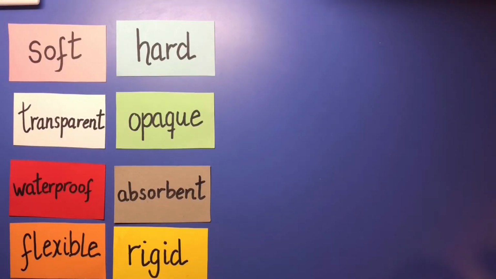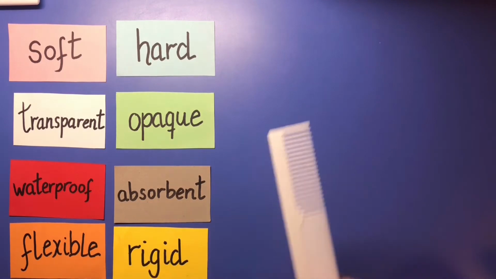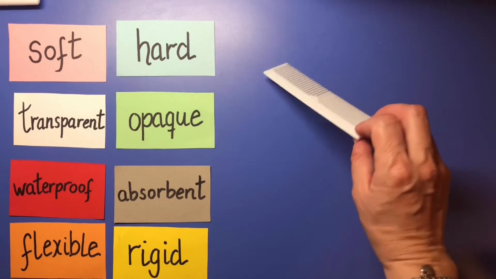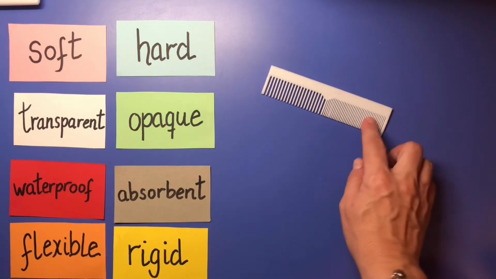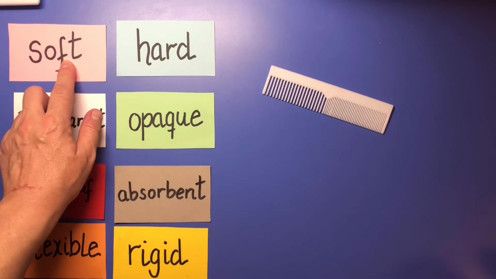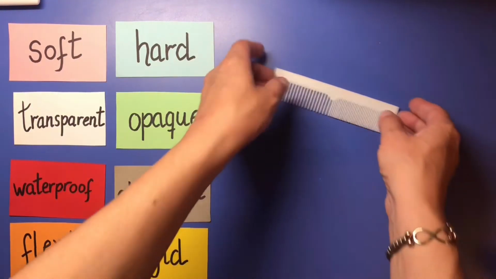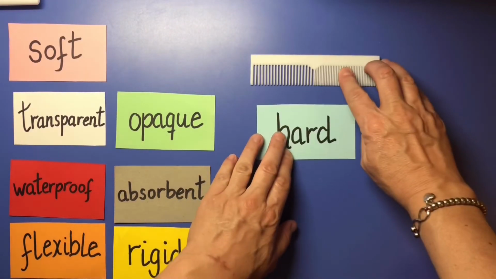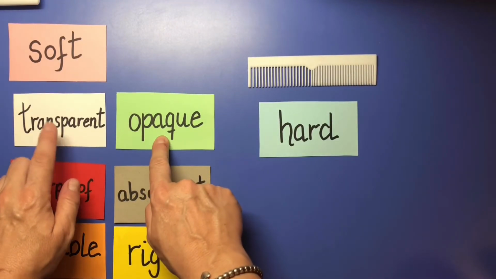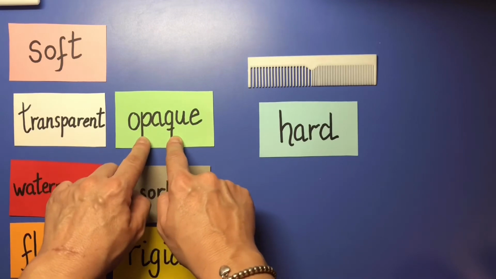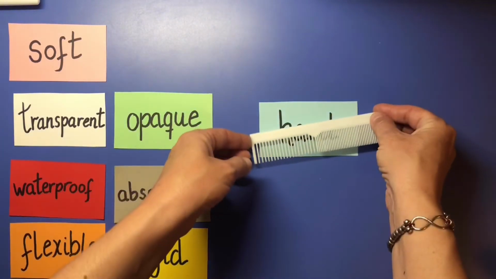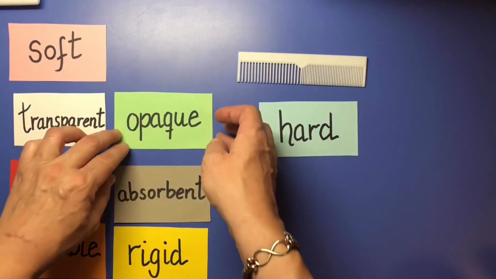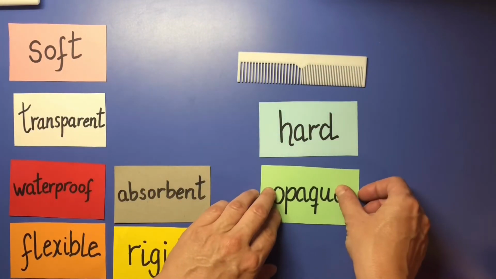Now, let's choose the properties for this material. It's a comb and it's made of plastic. So, what would you say? It's soft or hard? It's hard. Very good. And is it transparent or opaque? Can you see through it? No, it's opaque.